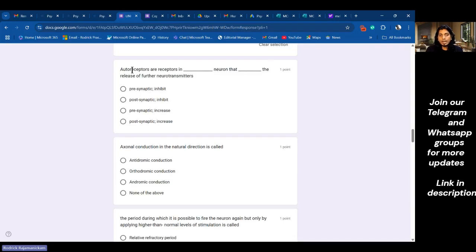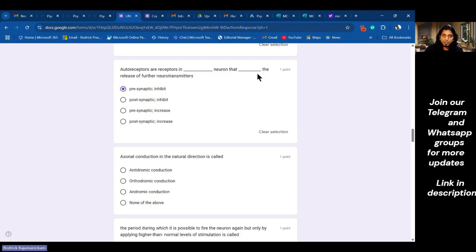Excess dopamine goes and attaches to the autoreceptor. Then the autoreceptor gives the message that dopamine is in excess, so you have to slow down the release. That way it conserves dopamine or any other neurotransmitter for that matter. So it is presynaptic and it inhibits further release of neurotransmitters. Okay.